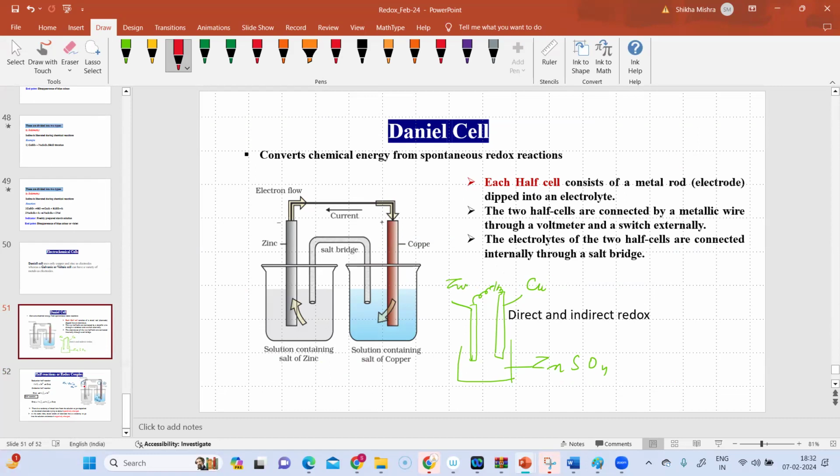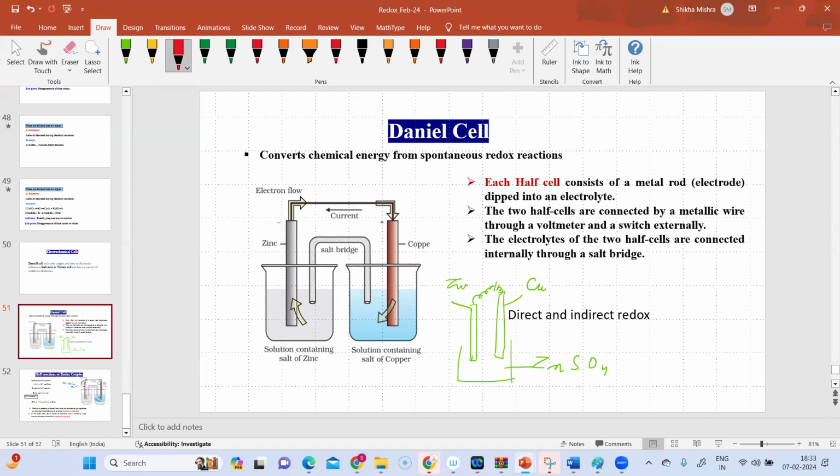Just to make you acquainted with the terminologies, we call the zinc copper cell a Daniell cell. Electrode potential, I have explained it to you. Zinc dipped in zinc sulfate solution will be called a half cell, and the copper dipped in copper sulfate solution will be called another half cell, right?